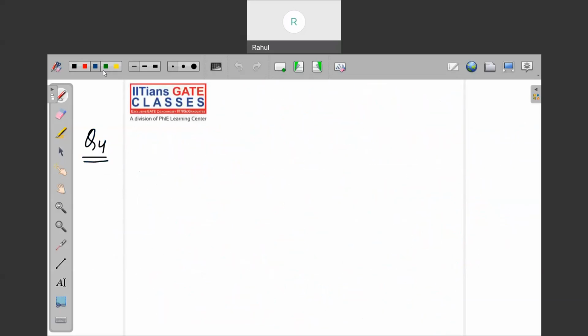The question says that the vector f is given as z ax cap plus x ay cap plus y az cap, right?